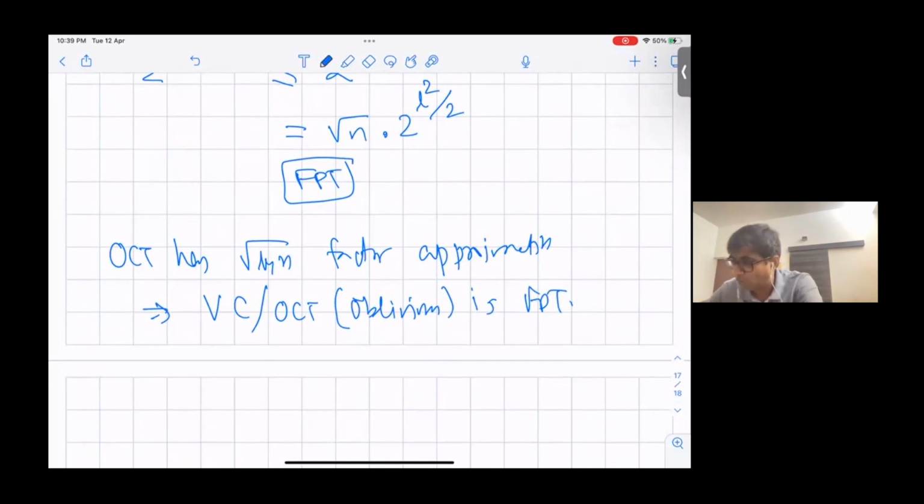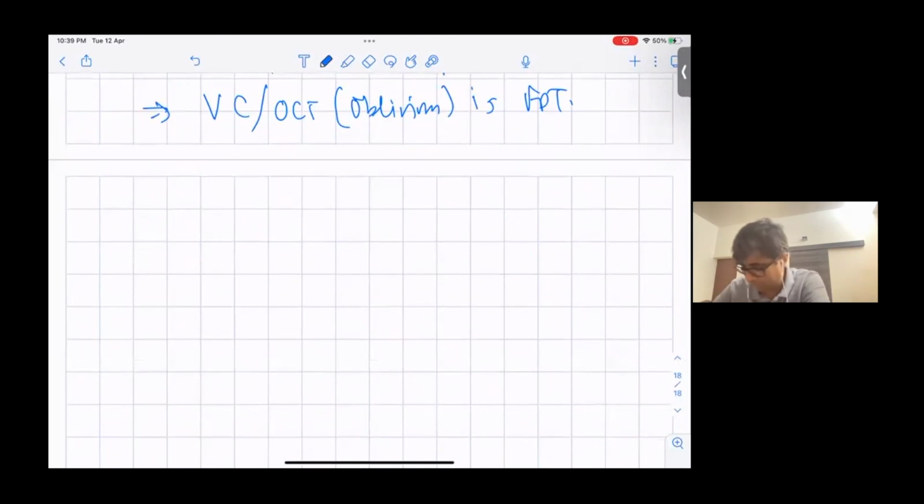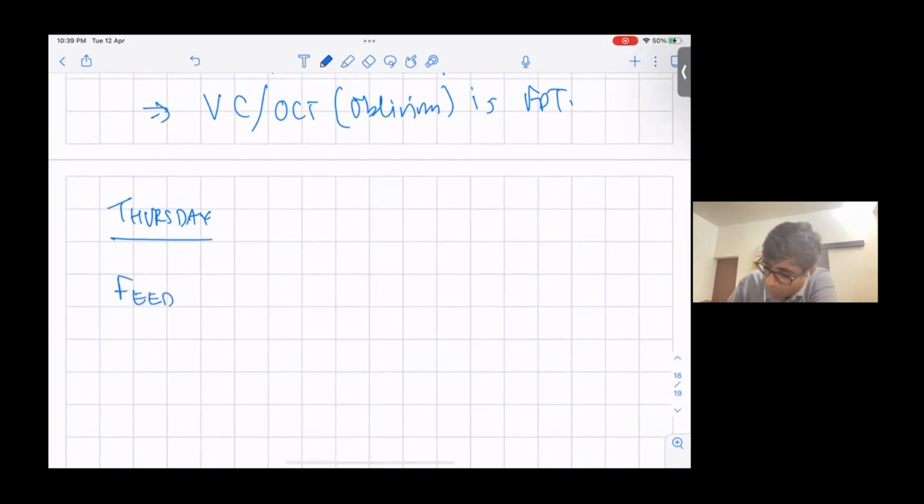So what will we see next time? On Thursday. So that's an agenda item for Thursday. Try to design an algorithm for feedback vertex set. I will try to apply strategy 1 and then do odd cycle transversal.